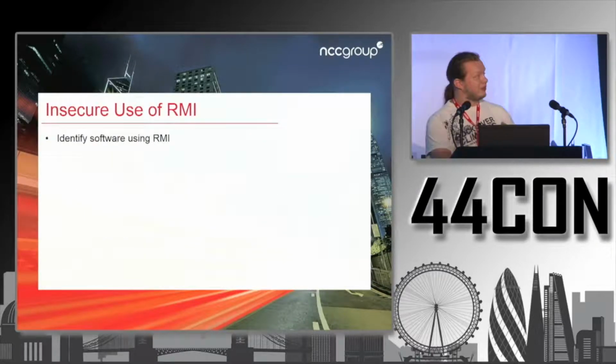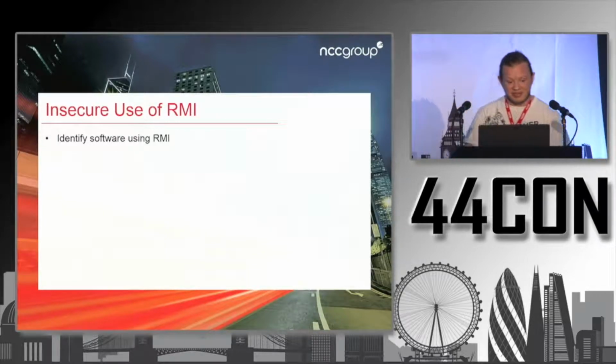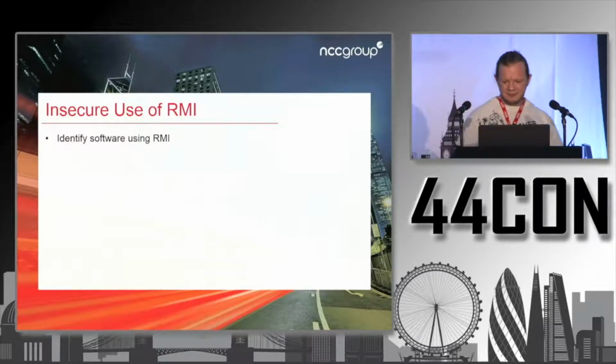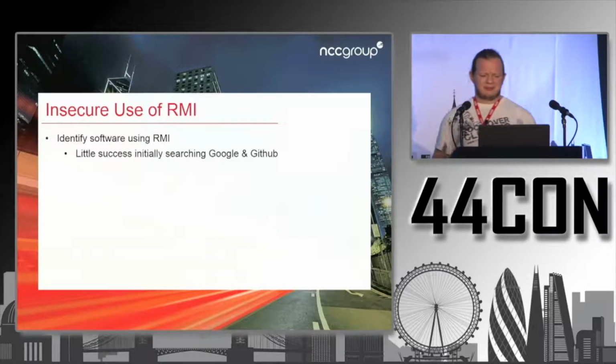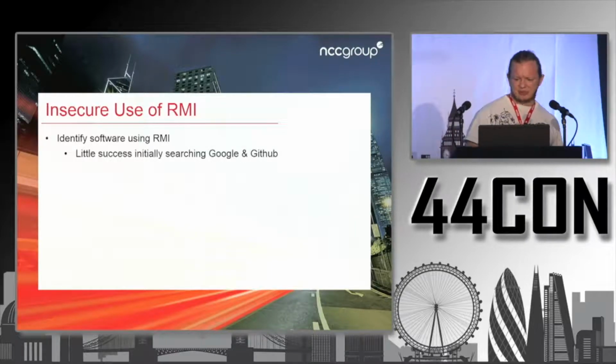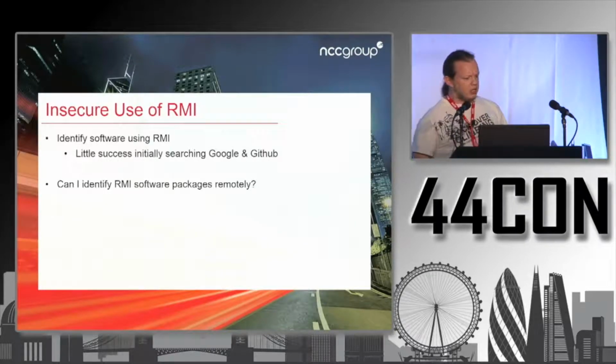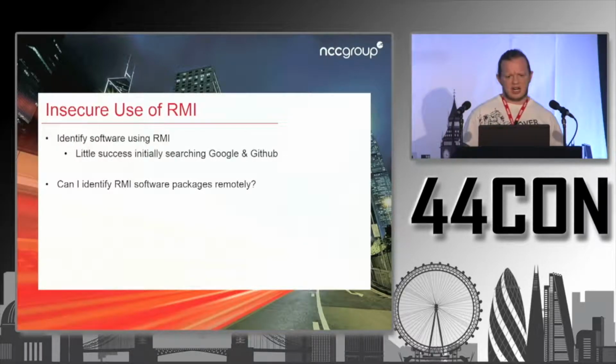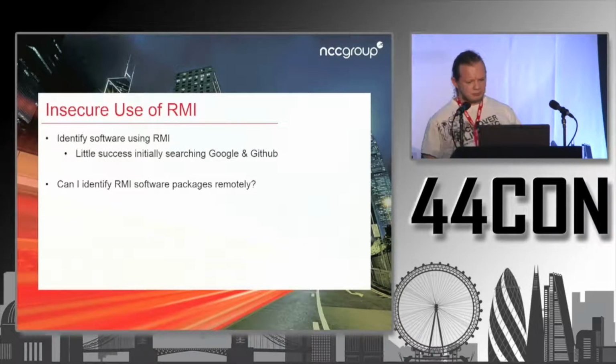So the first step in finding this out was to identify software that uses RMI. I tried a bit of Google searching and searching GitHub to try and find projects, but I didn't really have much success. So I wondered whether I would be able to remotely identify RMI software.